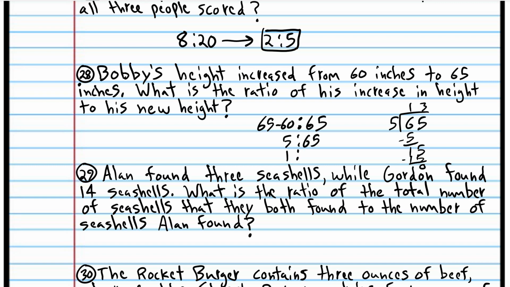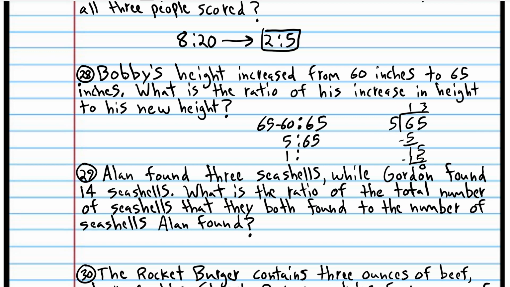So again, remember when you're doing division, there's 3 steps. The first step is figure out what number goes here. The second step is multiply these 2 numbers and put it here.